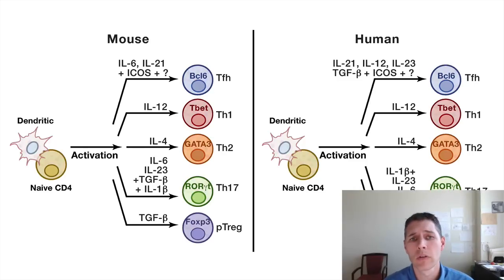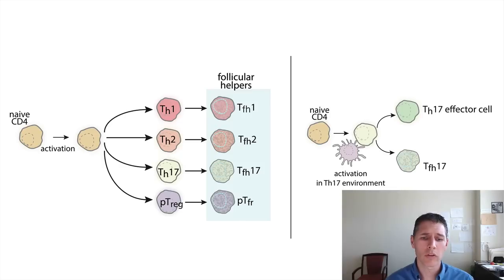That model has strengths, and one of the strengths comes from the observation that you can find TFH cells that will express interferon gamma or IL-13, potentially, or IL-17, particularly under extreme conditions. And so the observation that a TFH cell is not necessarily exclusively a TFH and can have some aspects of Th1, 2, or 17 is consistent with this alternative model.